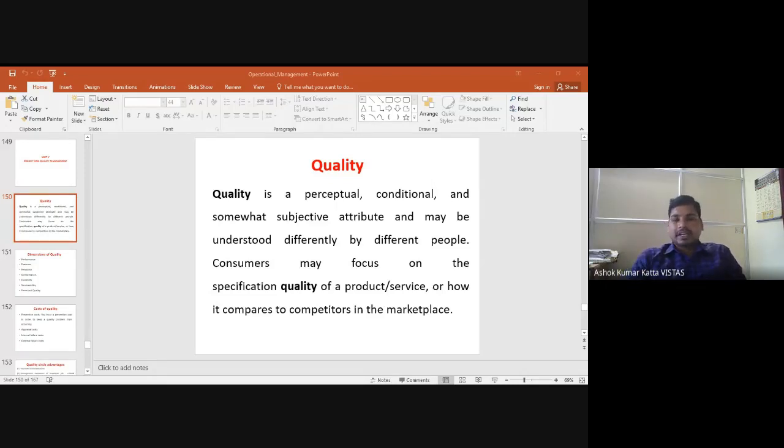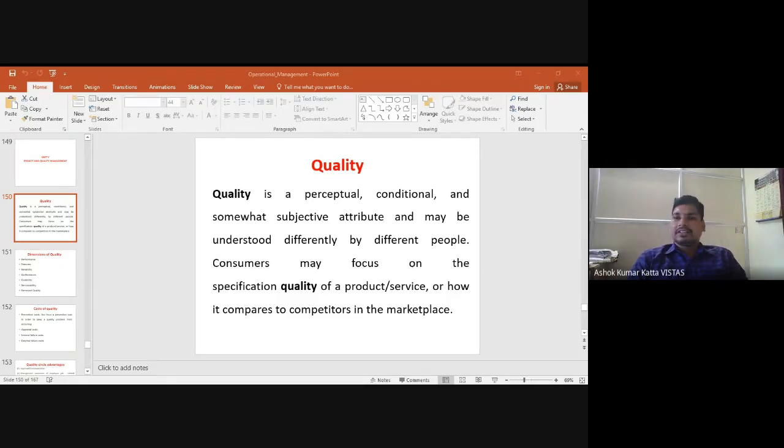Being a consumer, you will have certain tastes and preferences. If the product meets your standards, you will say this product is a qualitative one. Sometimes it may not reach your requirements, and simply you will say this product is utter rubbish. This does not at all satisfy my requirements.